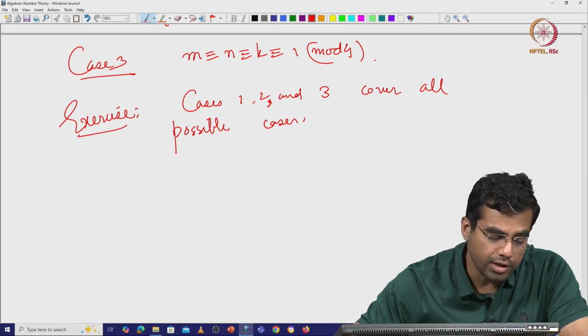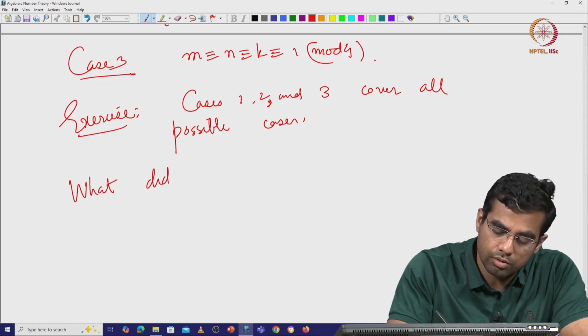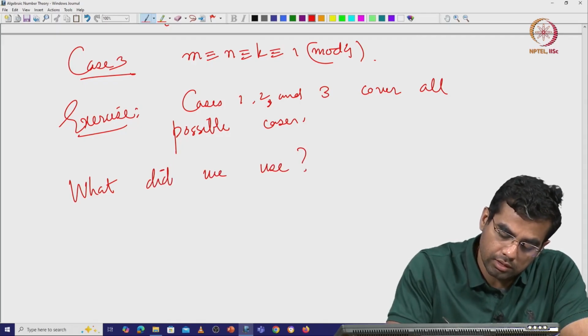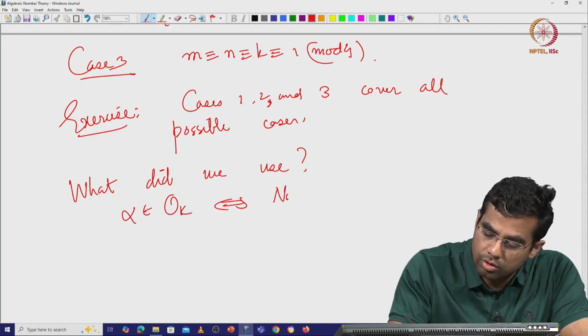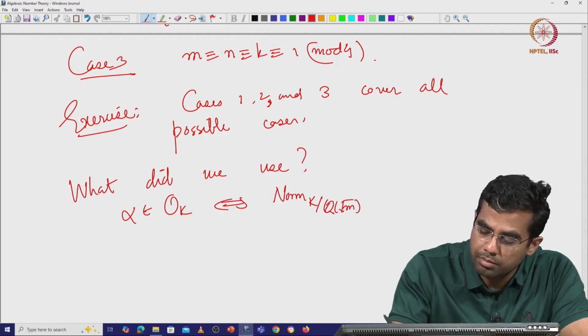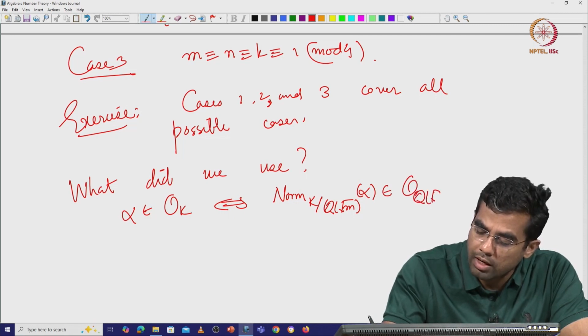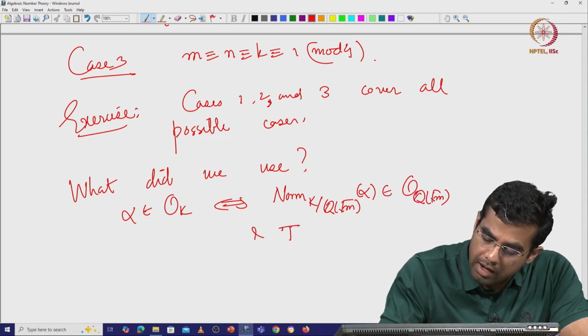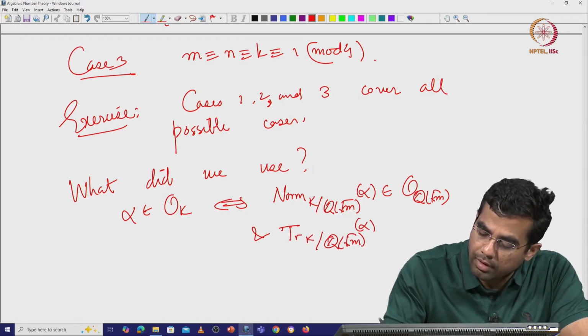Okay. And what did we use last time? We use that α belongs to O_K if and only if the norm from K to Q(√m) of α belongs to O_{Q(√m)}, and the trace from K to Q(√m) of α belongs to the ring of integers again.